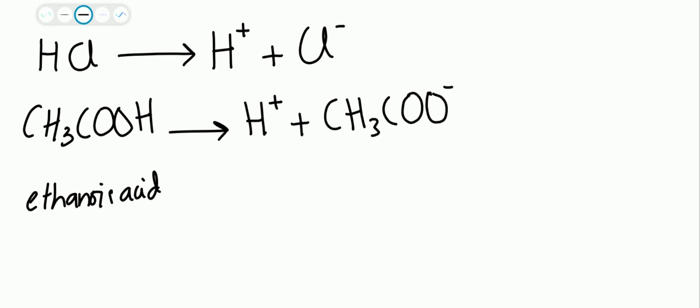but we say that hydrochloric acid is a strong acid because it readily and completely dissociates and ionizes when it's dissolved in water, whereas ethanoic acid does not completely dissociate or ionize when it's dissolved within water.